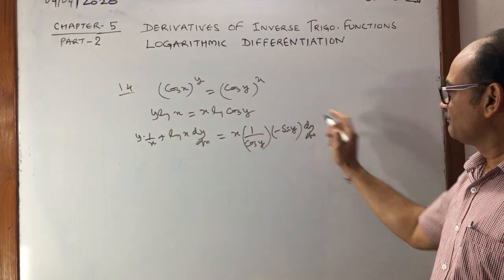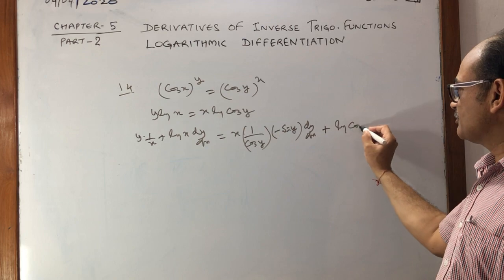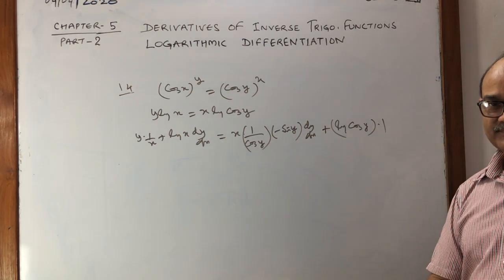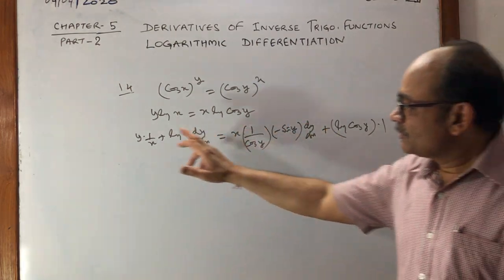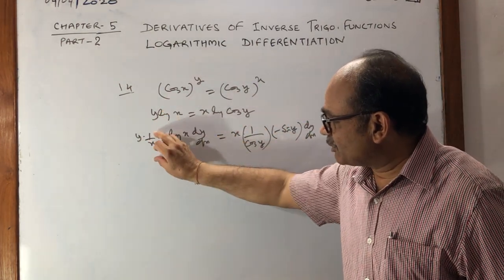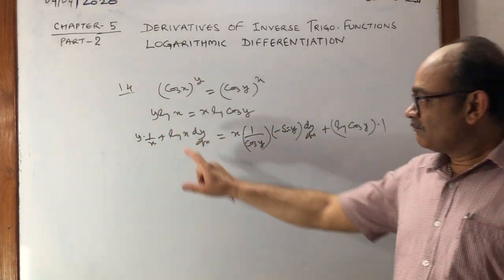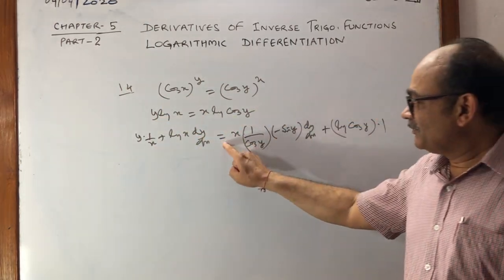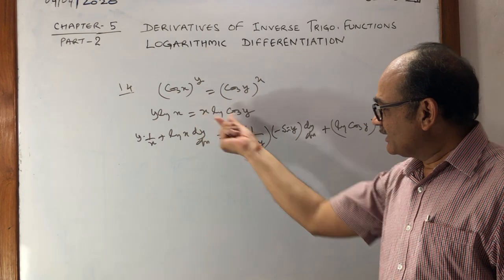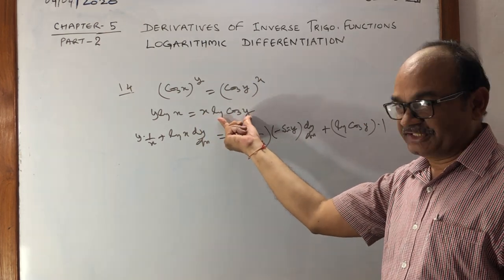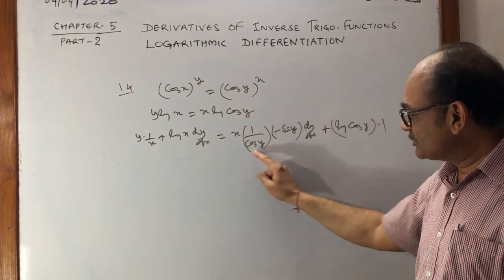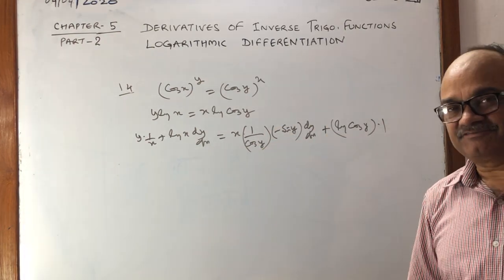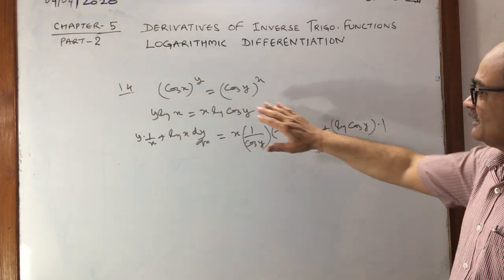On the right side: x times log something means 1 upon something, for something, minus sin y, and since it is y, dy by dx. Next, log cos y times the derivative of x. Listen again once: y log cos x derivative 1 upon x plus log cos x times derivative of y, dy by dx, equals x times derivative of log t, 1 upon t, what we assume t, minus sin y, and since y is implicit, dy by dx, plus log cos y.